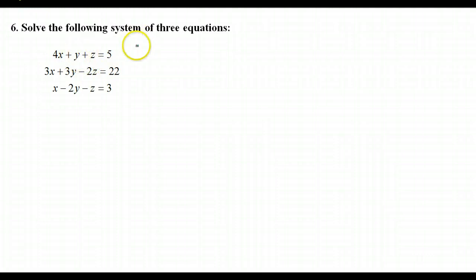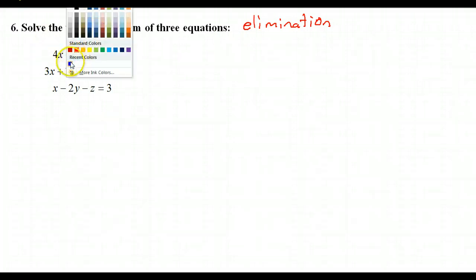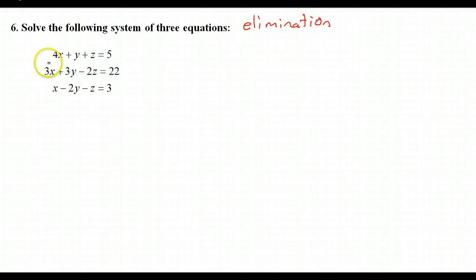I'm going to go ahead and do this one by elimination. This is what you do when you want to solve a triple system. It is very easy to pick 2 equations at a time.